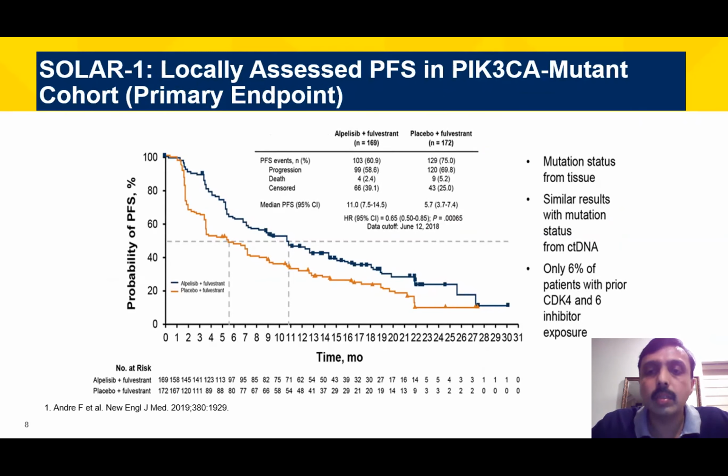The mutation status was taken from the tissue samples, and similar results were seen with mutation from circulating tumor DNA also. And as I told before, a very small percentage of patients had received prior CDK4 and 6 inhibitors. I think we had previous talks about this subset, so I'm not going into the details of the SOLAR-1 trial. We know that the PFS was really improved in the subset.